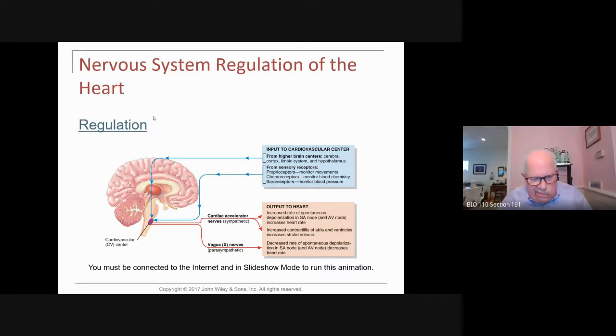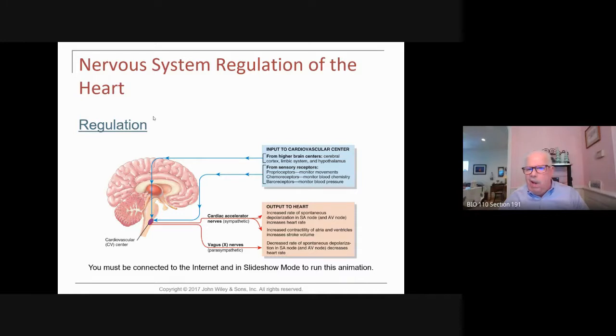I told you before that your heart is auto-regulated. It doesn't need the brain. However, the brain can affect heart rhythm.